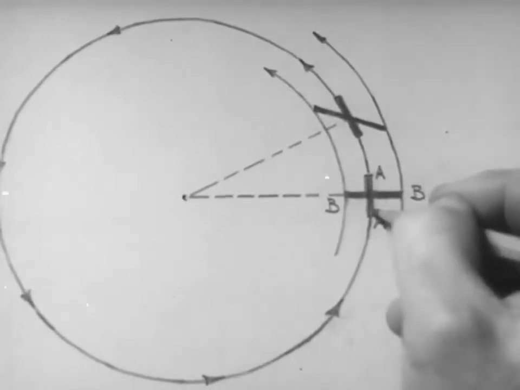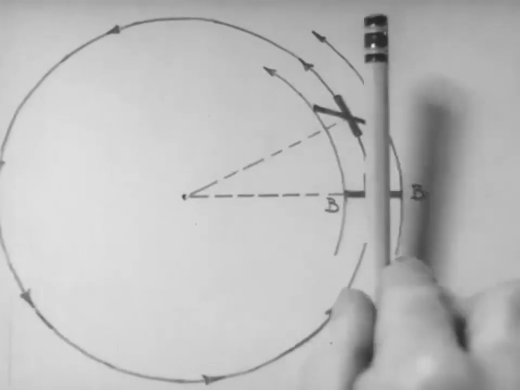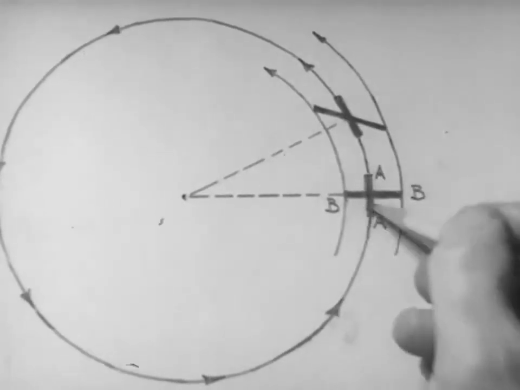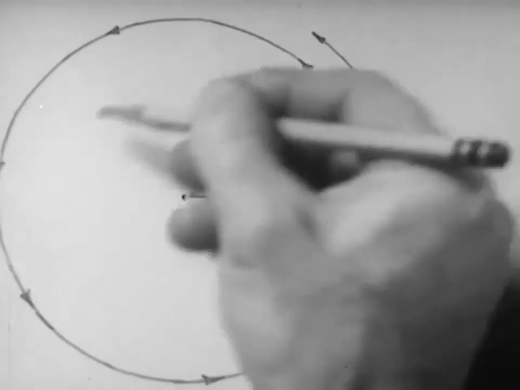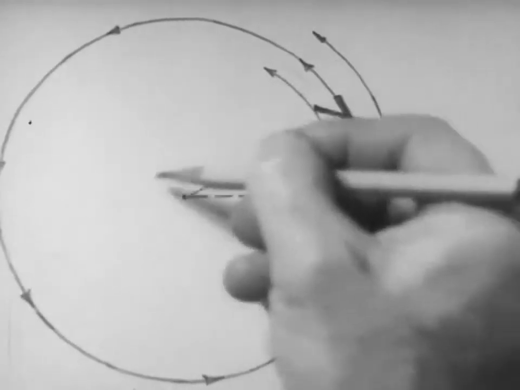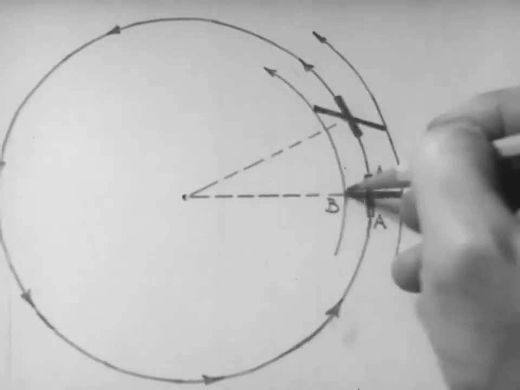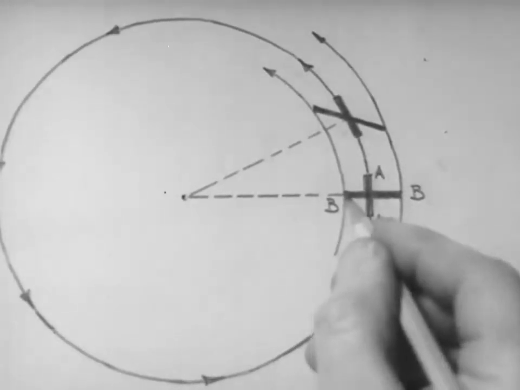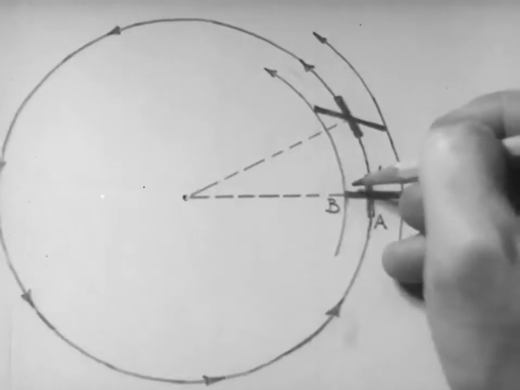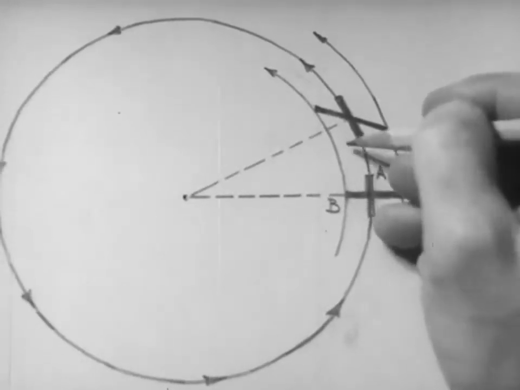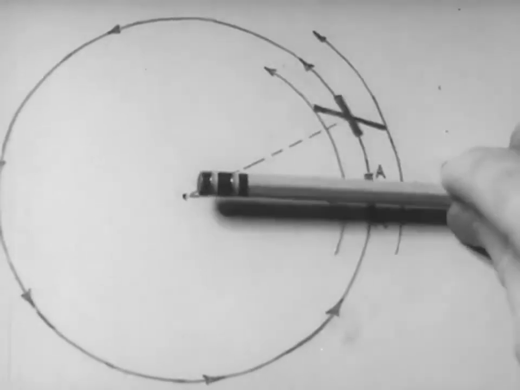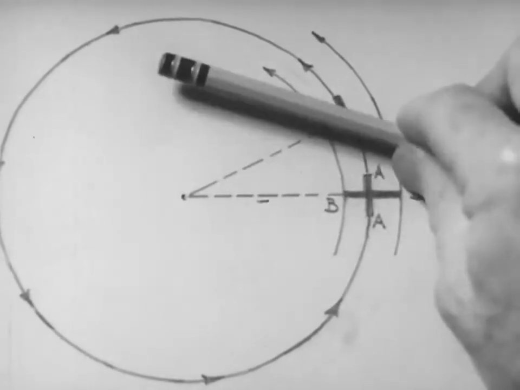Leg A follows the streamline, so it rotates counterclockwise. The angular momentum of the fluid is conserved as it flows toward the drain, so the tangential velocity varies inversely with the radius. This means that the velocity of the inner part of leg B is greater than the velocity of the outer part, and so leg B turns clockwise.